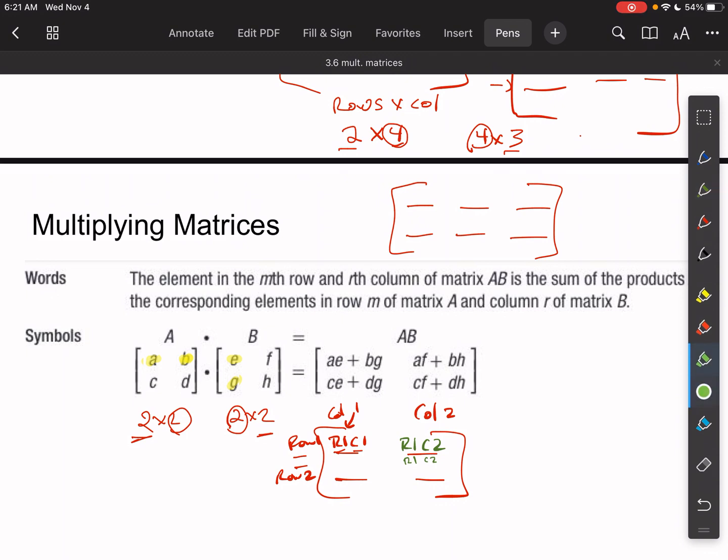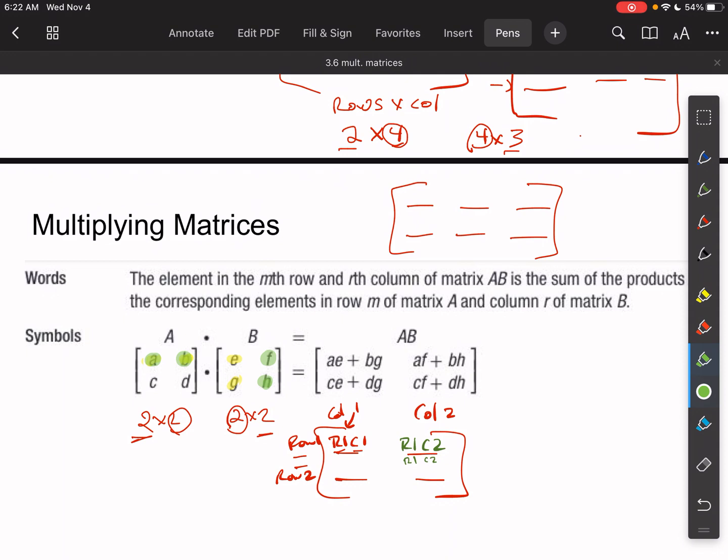So row 1 times column 2. I'm going to take row 1 on the first matrix, which is A, times column 2 of the second, in this case F. Then I'm going to take the second part of row 1, which is B, and multiply it by the second part of column 2 in matrix B.